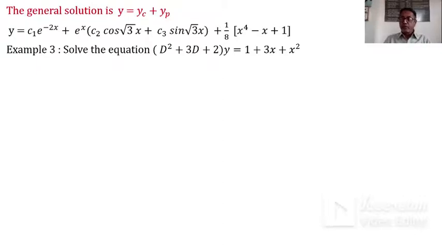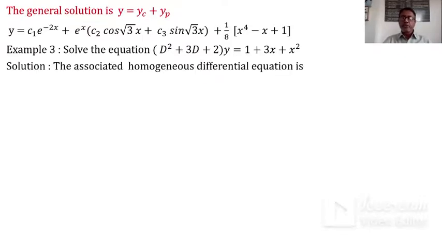Again, we consider the third example now. Solve the equation d square plus 3d plus 2 of y is equal to 1 plus 3x plus x square. As usual, find the complementary function. For that purpose, consider the associated homogeneous differential equation.